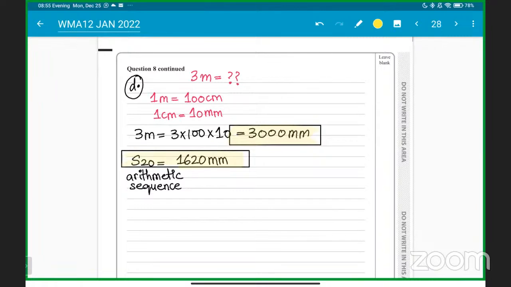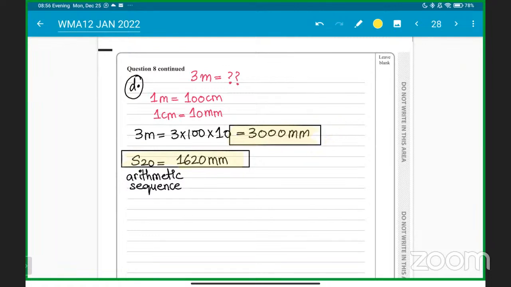First thing you should understand is that certainly n is greater than 20. The total number of hits is greater than 20, because at the 20th hit we have crossed the distance of 1620 millimeters. But what we need to cross is 3000 millimeters.